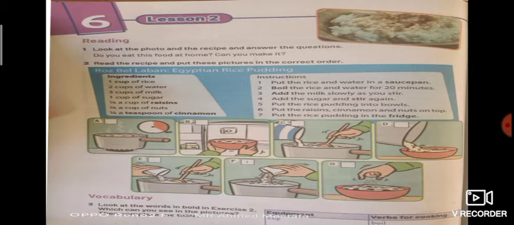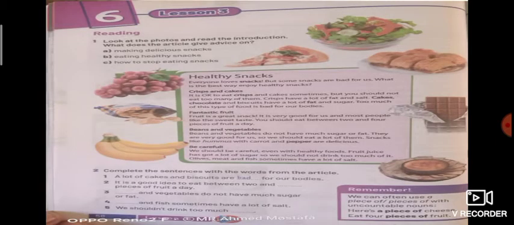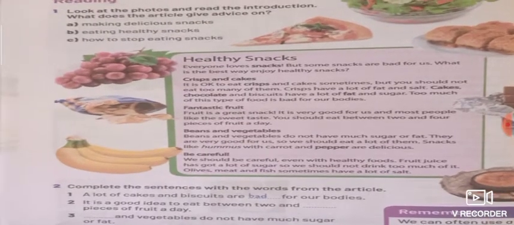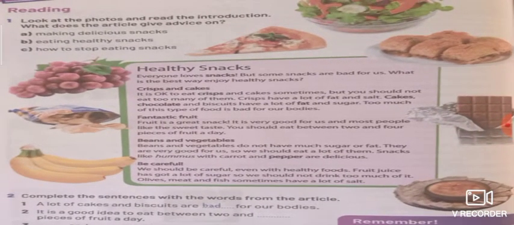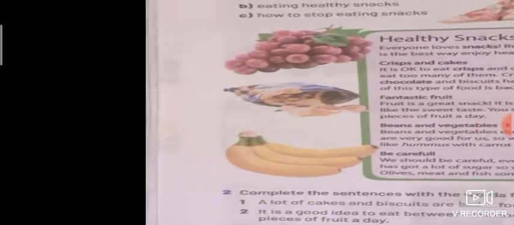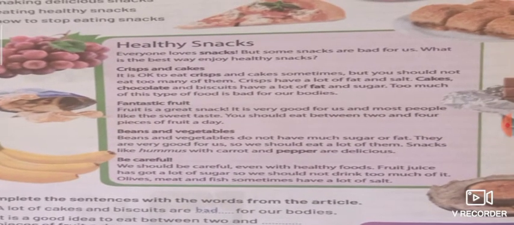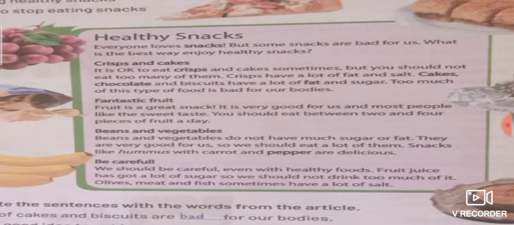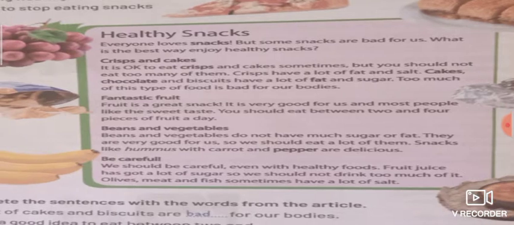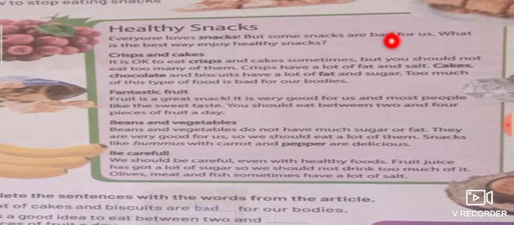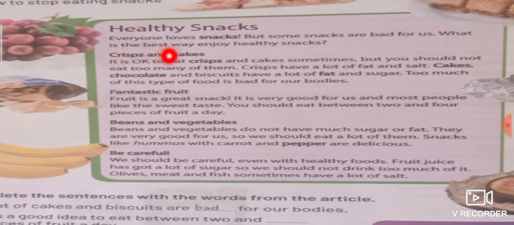Now turn the page. Reading also. In this part, we will talk about healthy snacks. Everyone loves snacks, but some snacks are bad for us. What is the best way to enjoy healthy snacks?